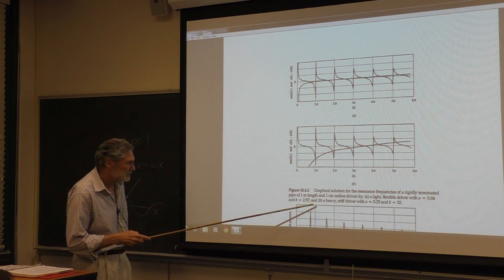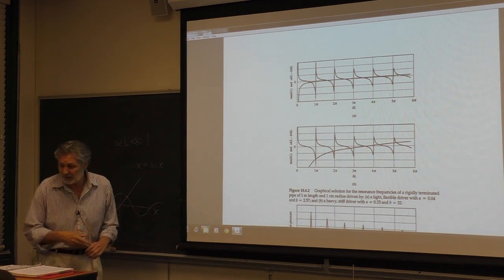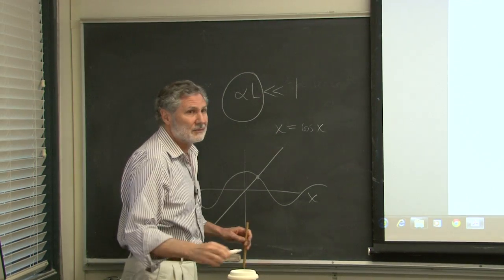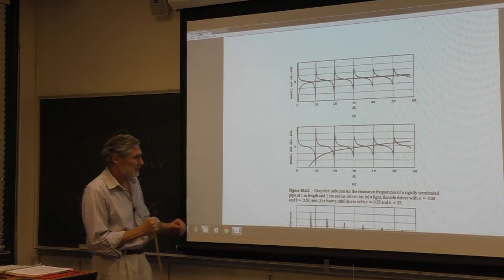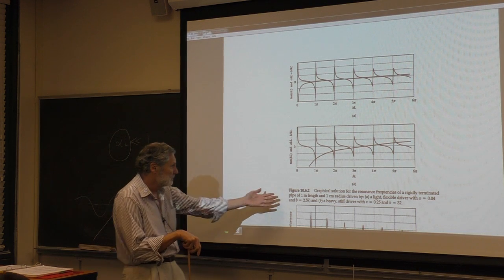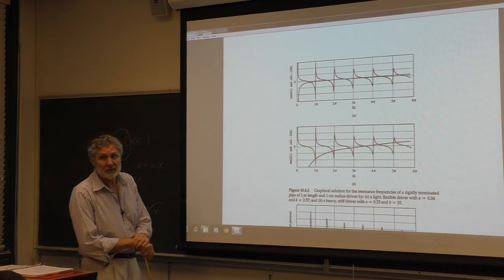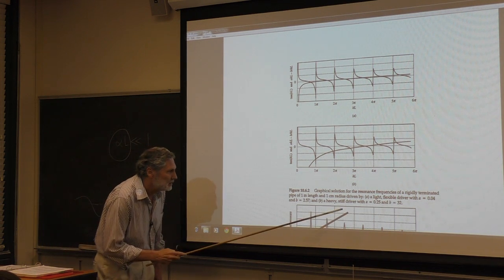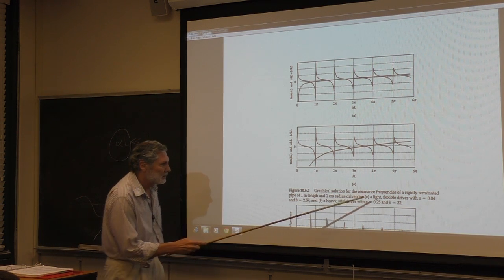Unfortunately, they don't give us the value of alpha, or alpha L. They should really specify alpha L. If anybody sees it, it's not in the caption. That's where it should be. They give these other numbers. They give the A and the dimensionless A and B.